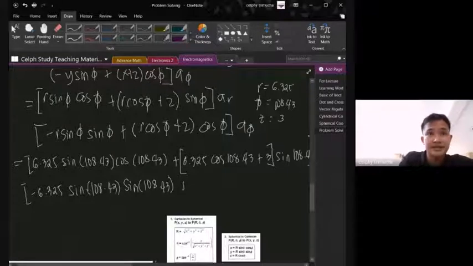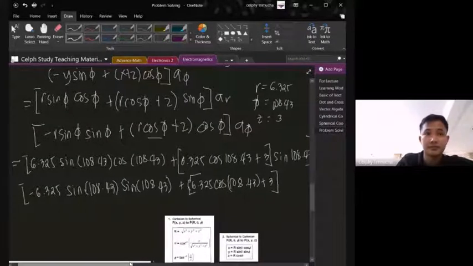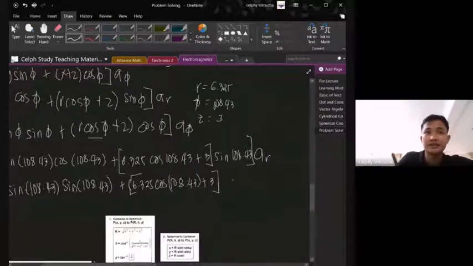Next, plus r 6.325, then cosine 108.43, plus z natin nga 3, then multiply mo siya by cosine 108.43.